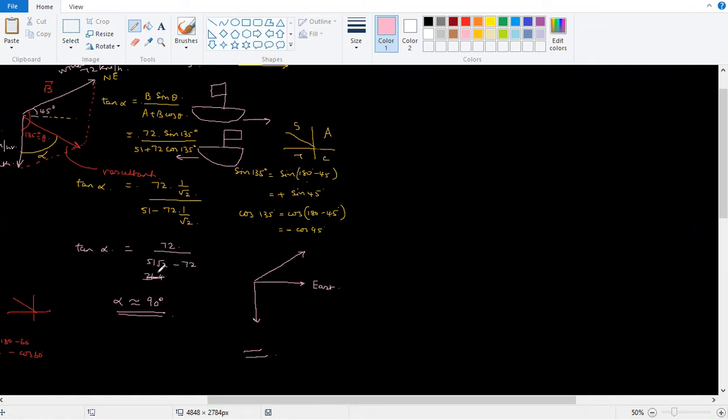Yeah, you're right. So that means 72.12 minus 72, so 0.12. 0.12 is very close to 0. So 72 by 0.12, and if you do the tan calculations, it will come very close to 90. Okay, so what this means is the flag is going to flutter in the direction of east.